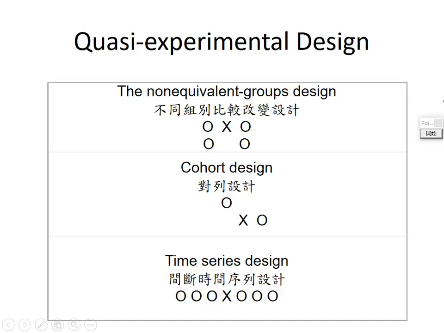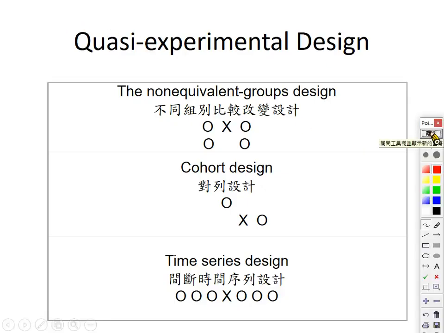This is quasi-experimental design. Quasi-experimental design means half. It has the characteristics of experimental design, but not really strict. But still, you can use the design to identify the cause and the impact of the cause on the results.